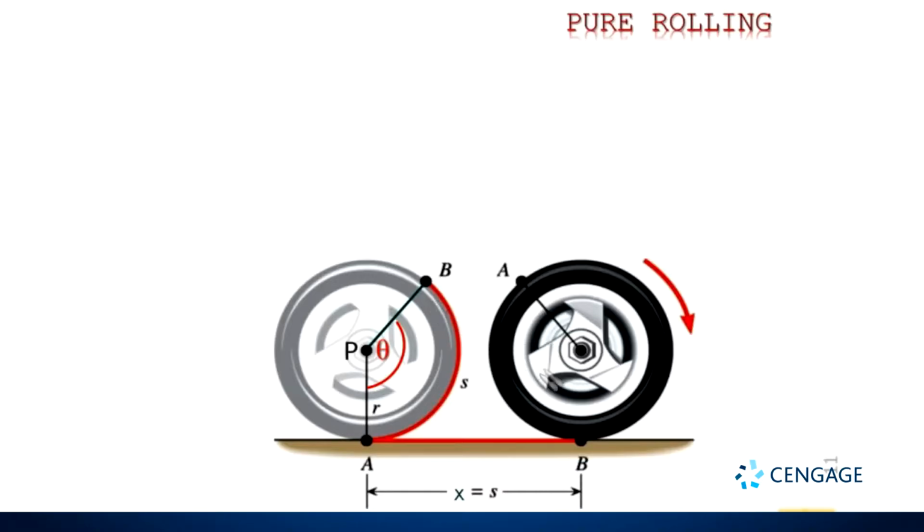You can observe this center P has come to this point, and during this motion, this center has traveled distance x, and you can observe in this diagram, this length AB will imprint on the track. That means this length x should be equal to S, correct? That means the linear distance traveled by the center of the wheel is equal to arc length AB.